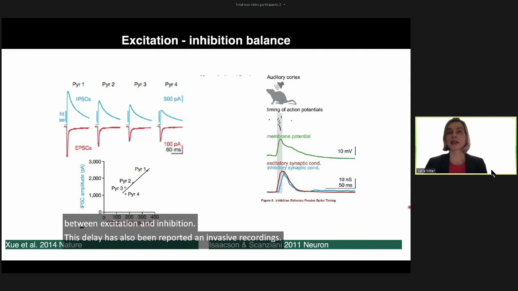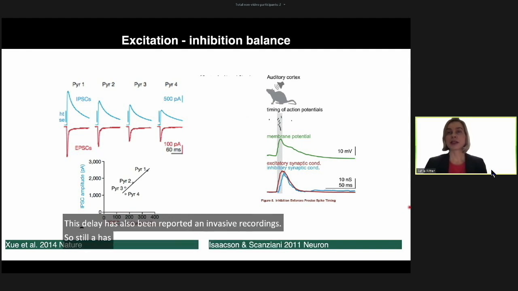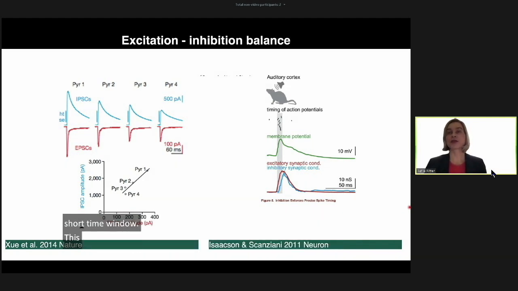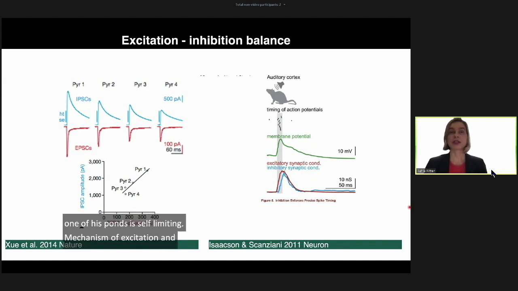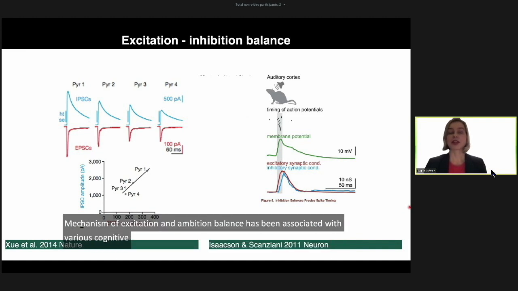This delay has the effect that the firing increase during excitation is limited to a short time window. This increases the temporal precision of neuronal responses, since the neuronal response is self-limiting. The mechanism of excitation-inhibition balance has been associated with various cognitive, mental, and pathophysiological functions.